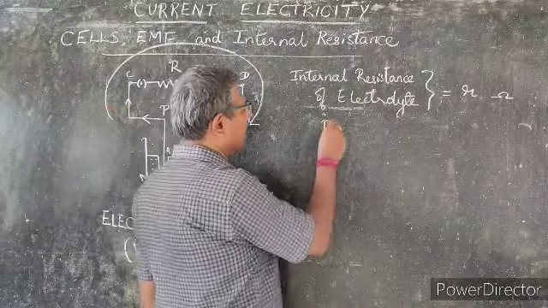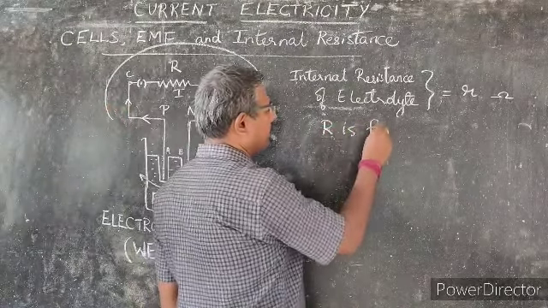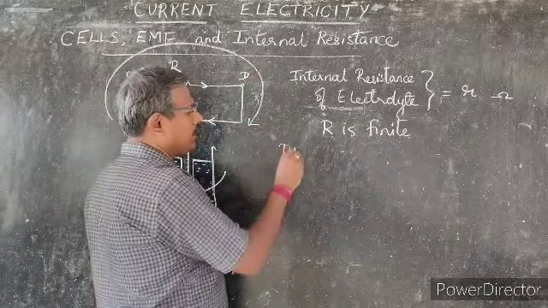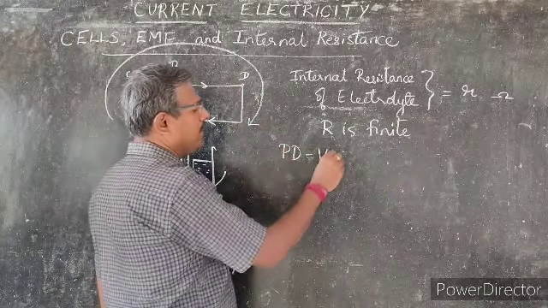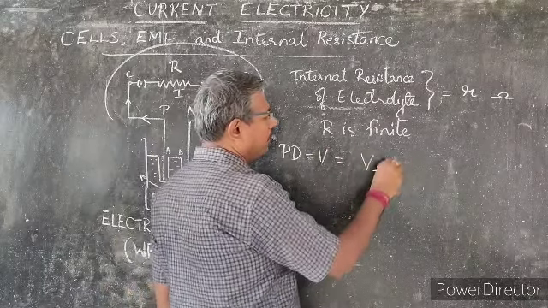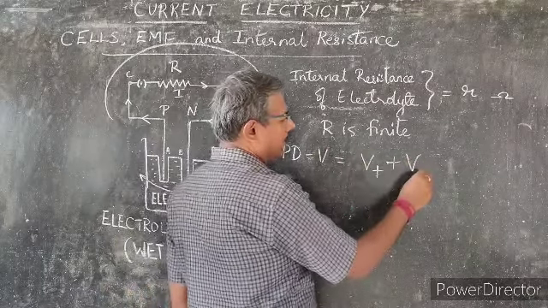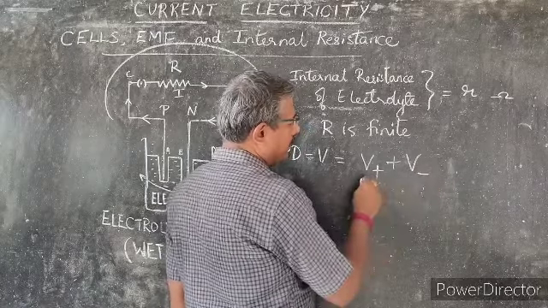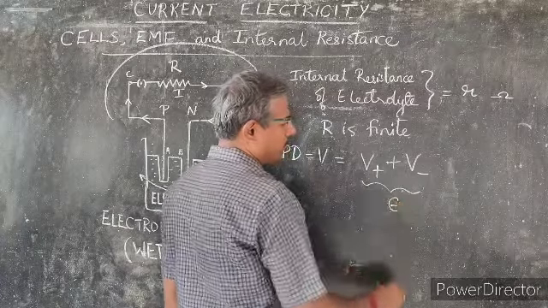Suppose R is finite, then the potential difference, which I will denote by V, which previously, when R was infinite, came out to be V plus V minus, which we said was epsilon.